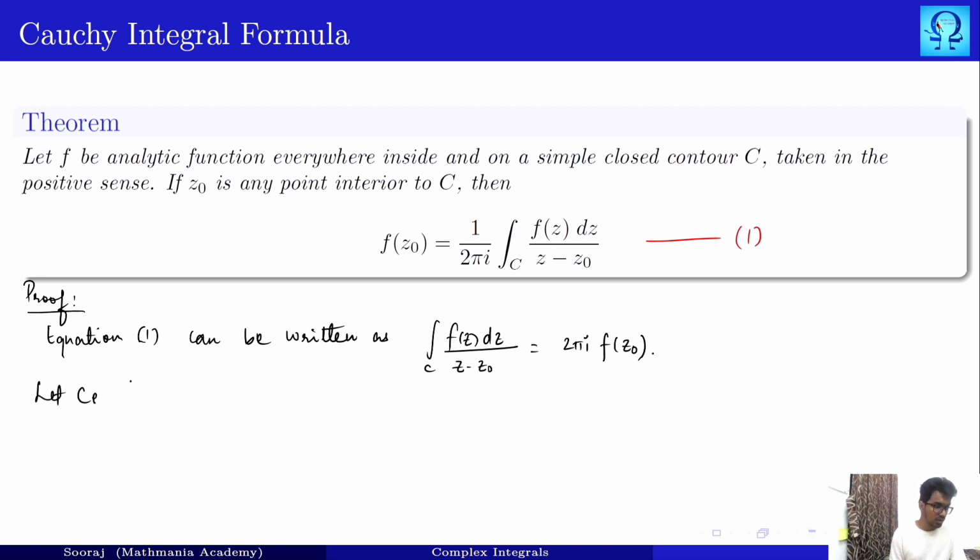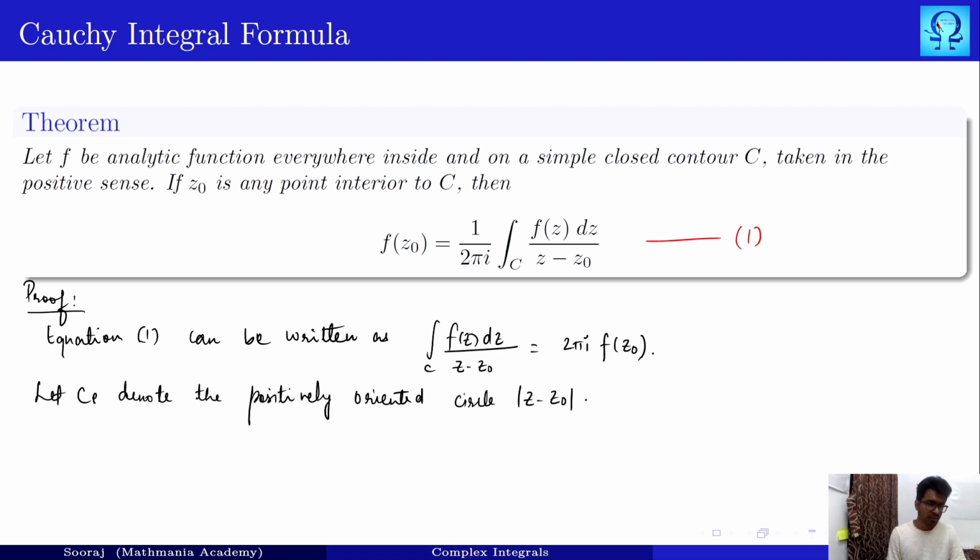Let C rho denote the positively oriented circle absolute value of z minus z naught equals rho, where this rho is small enough.